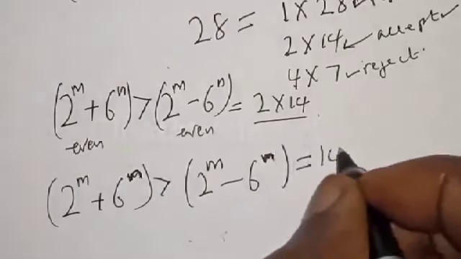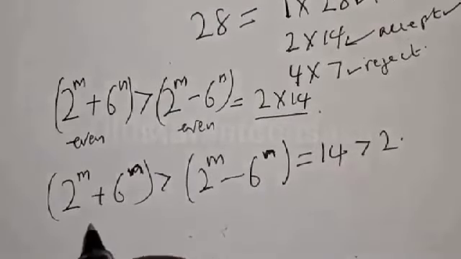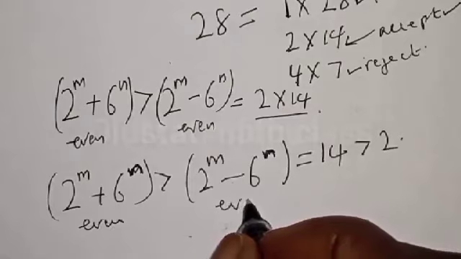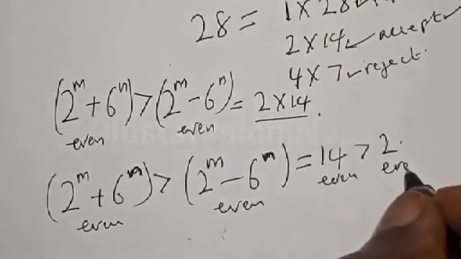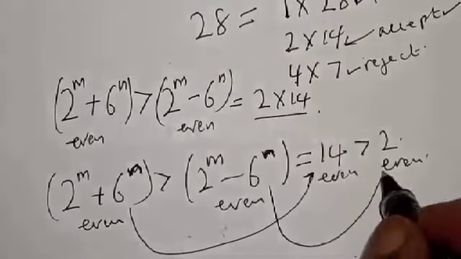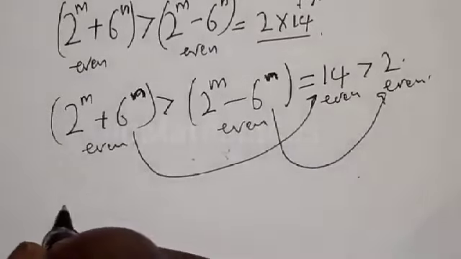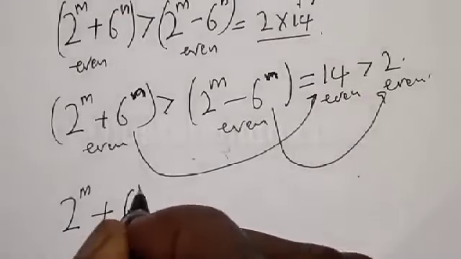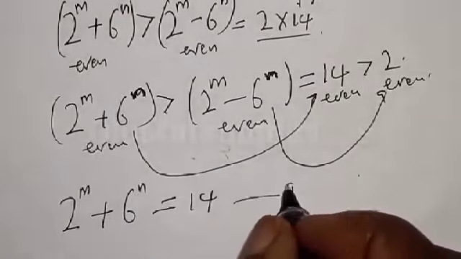Now, since this one is even and this one is even, this one will go for this, and this will go for this. We have 2 raised to the power m plus 6 raised to the power n is equal to 14. Let's call this equation 1.